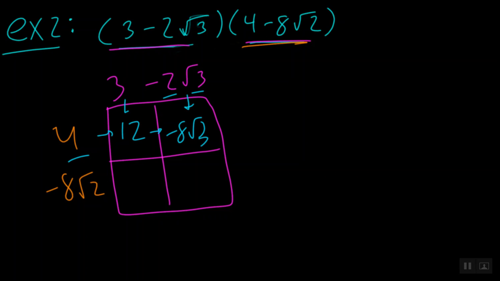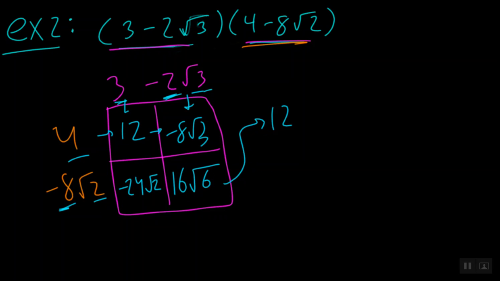Remember, we multiply the coefficients. Here we have negative 8 square roots of 2 times 3, which will give us negative 24 square roots of 2. And lastly, we have negative 8 times negative 2, which will give us positive 16 square roots of 2 times 3, which is 6. Now from here, what's it going to look like to write all this out?